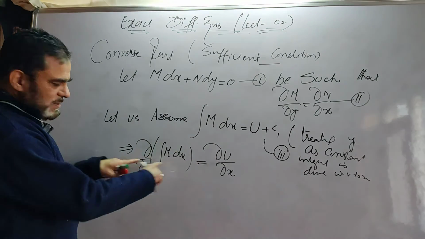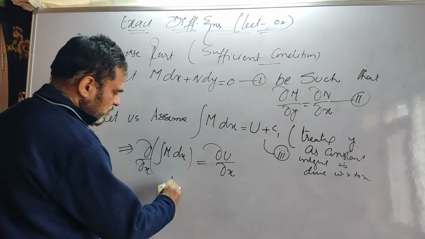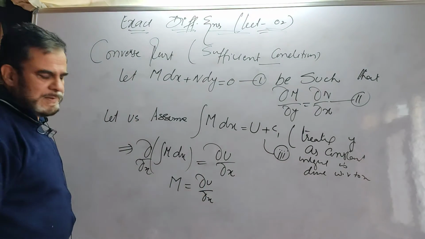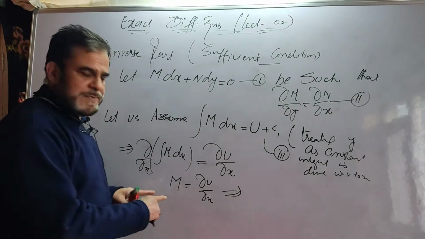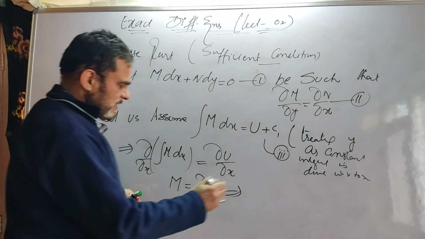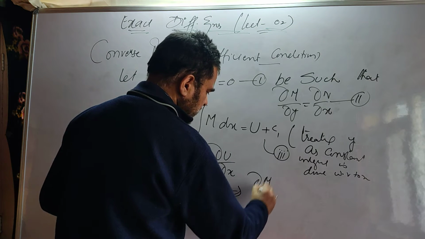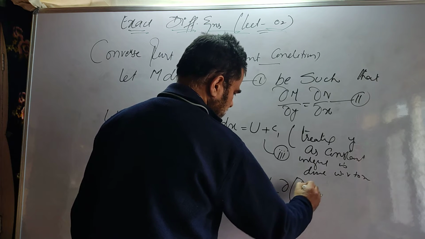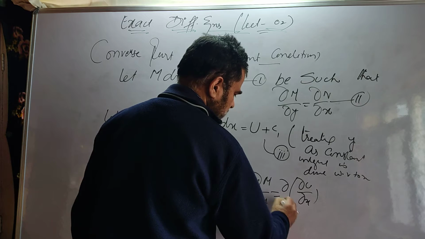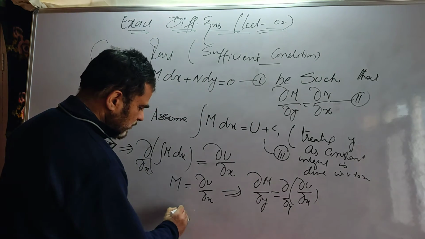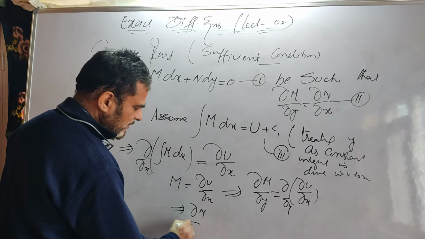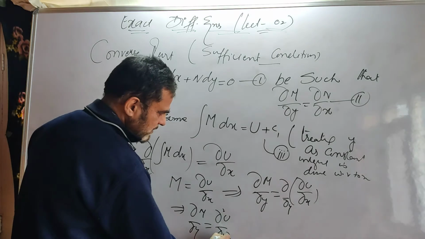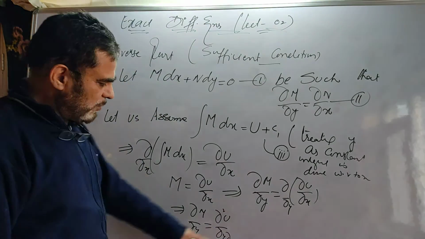Now, these are reciprocal operations of each other. You will get M is partial of u with respect to x, which implies if you differentiate this with respect to y, partial of M with respect to y is partial of del u by del x with respect to y. This comes out to be dou 2u by dou y dou x.